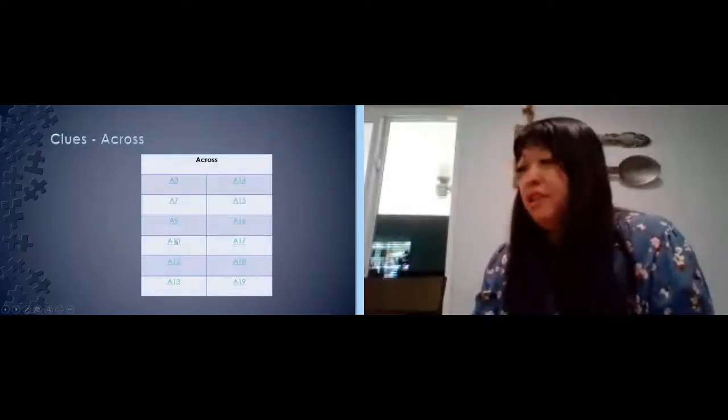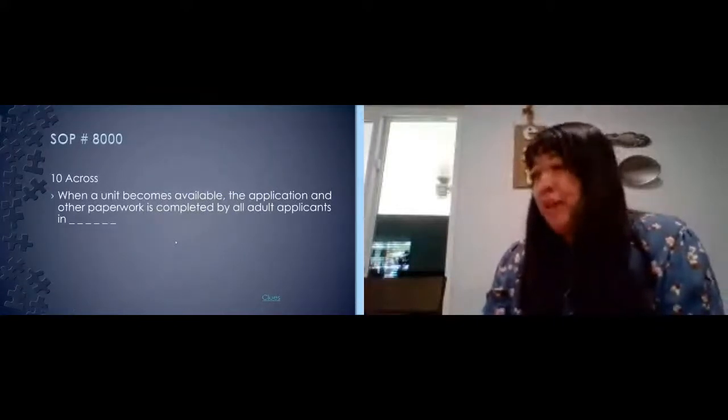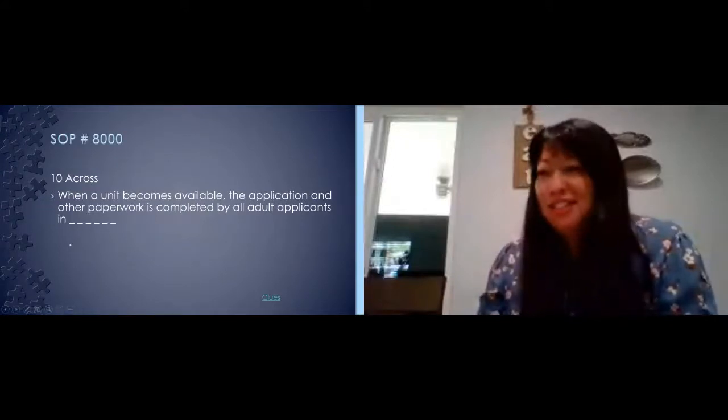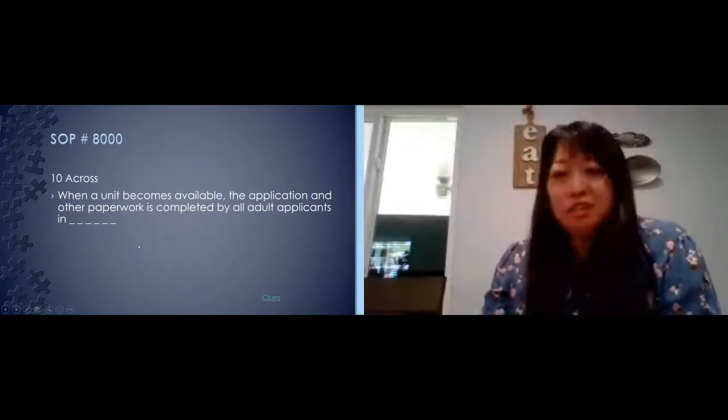All right, I'm going back. Next one. We're going to go to 10 across. When a unit becomes available, the application and other paperwork is completed by all adult applicants in what? It's a 6 letter word, 10 across.